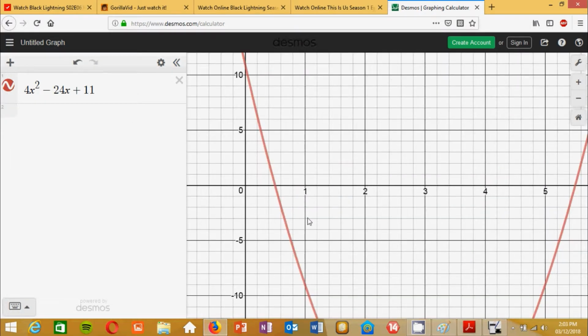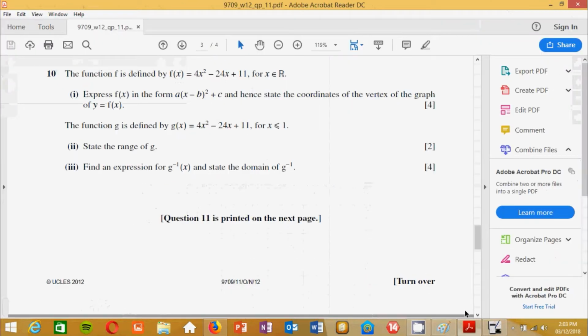Well, when x is equal to 1, our g of x is equal to -9. Just plug that in the calculator: 4 multiplied by 1 squared minus 24 times 1 plus 11. That's 4 minus 24 plus 11, which indeed is -9.